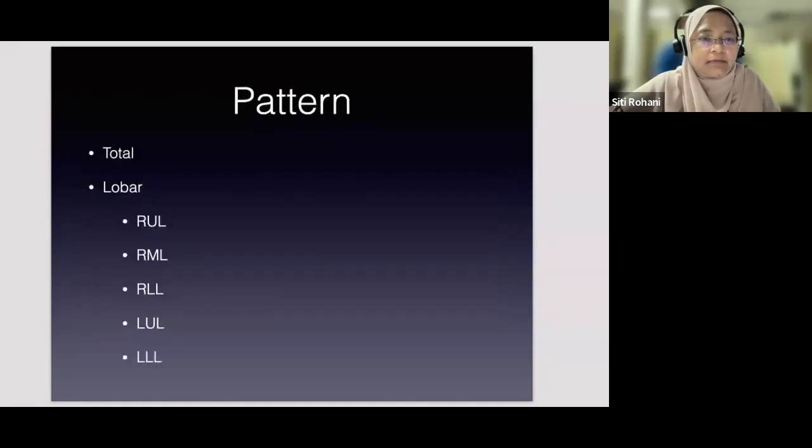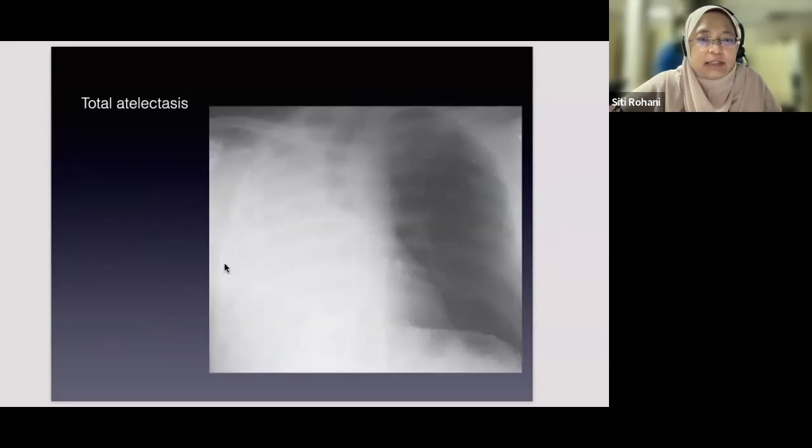So the pattern of atelectasis depends on which lobe is collapsed. Okay, total collapse of the lung, total atelectasis, there will be white out of one side of the hemithorax.